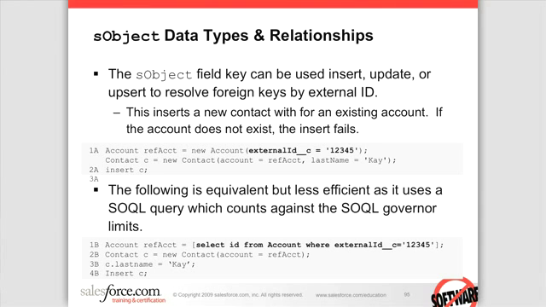This ref account really only has one field populated, which is the ID field. But this returns our S object, so ref account is now an instantiated S object. Here we said c equals new contact, and then we set the account field on the contact equal to our ref account. So we define that object relationship. We also set our last name equal to K, which is kind of unnecessary, and then we inserted our contact.